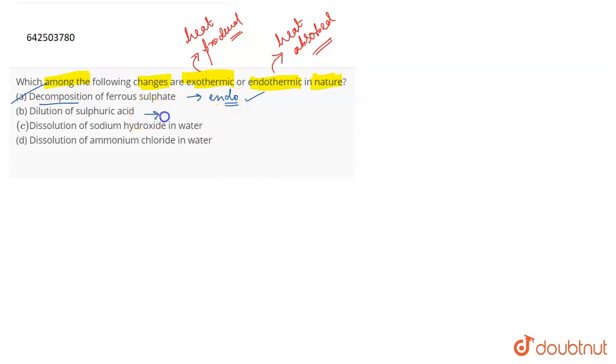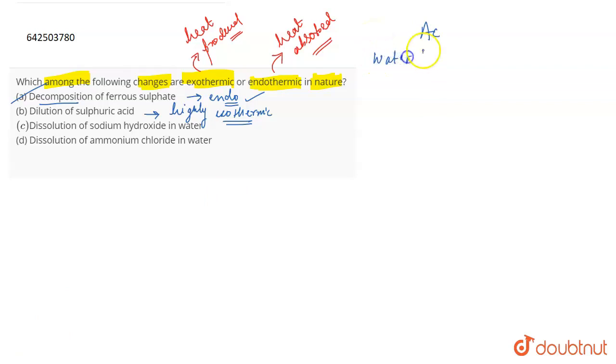Talking about dilution of sulfuric acid, it is highly exothermic. Why? Because you are diluting the sulfuric acid, which means that you are adding water to acid.